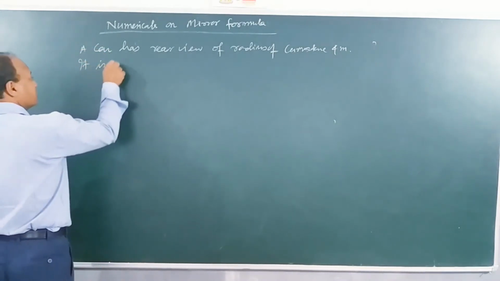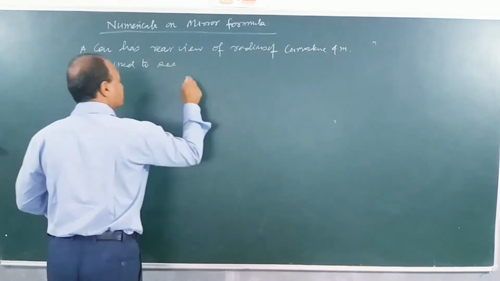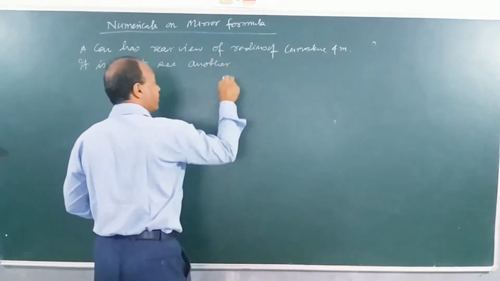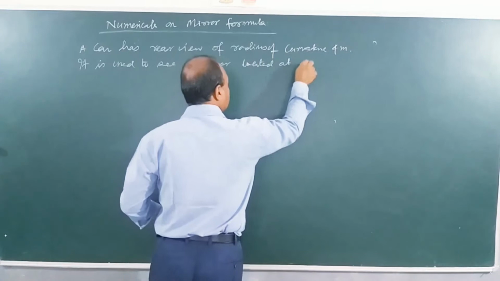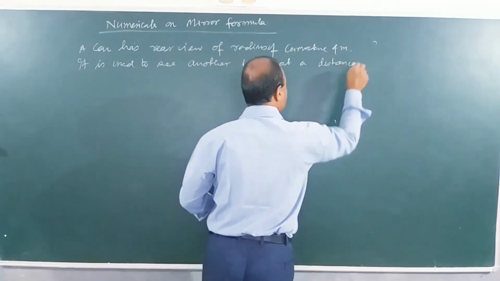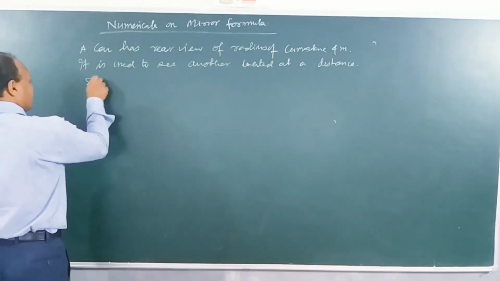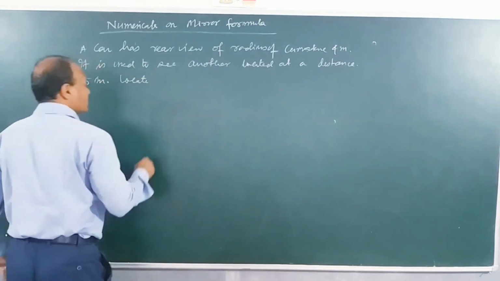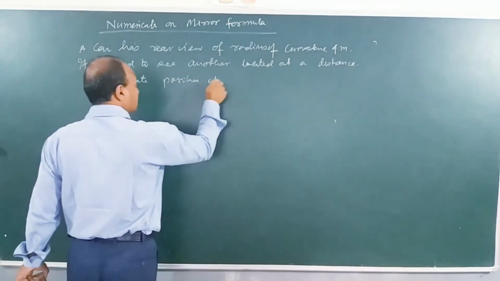It is used to see another car located at a distance 5 meter. Locate position of image.